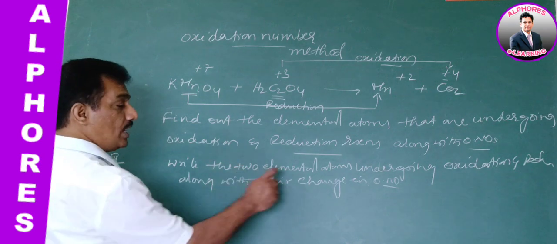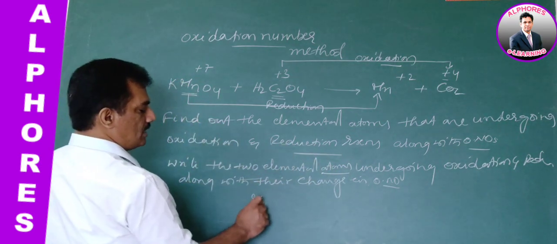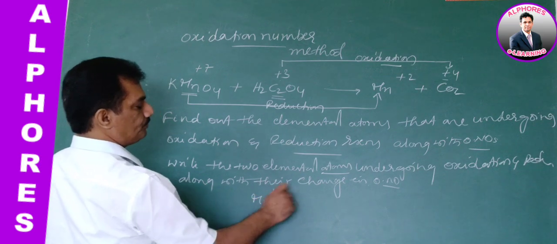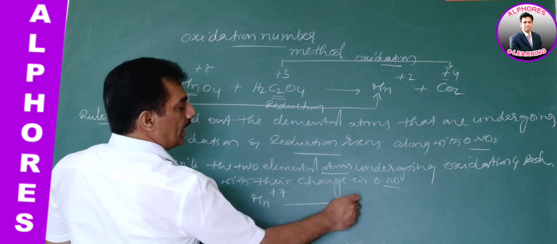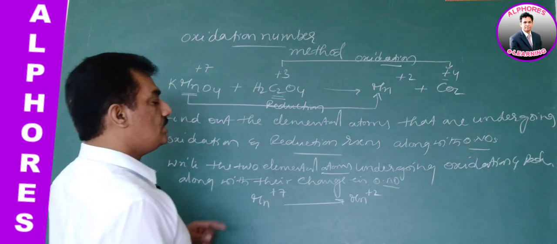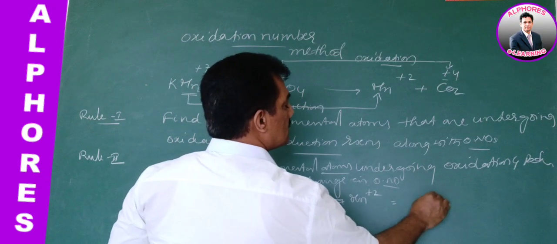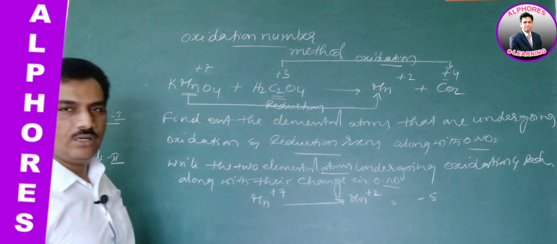Now just observe only the atoms. In this one manganese is +7, and it is now coming to Mn2+, and the change is -5, that minus indicates a decrease in oxidation number.